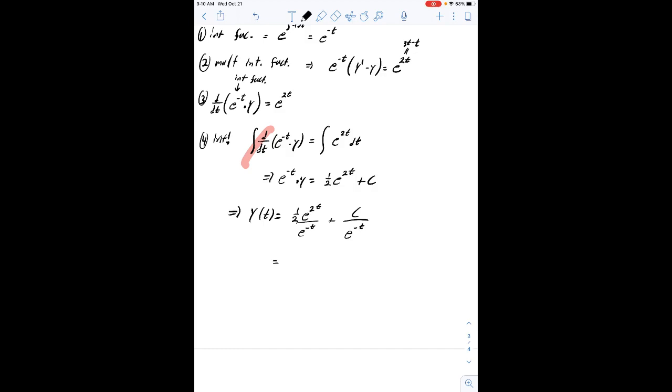I'll simplify this first term really quick. So that's just equal to e to the t over 2, plus c over e to the negative t. And this is our final solution, where if we were given initial conditions, we could solve for our c.